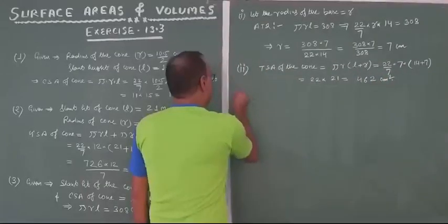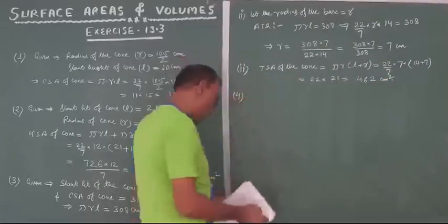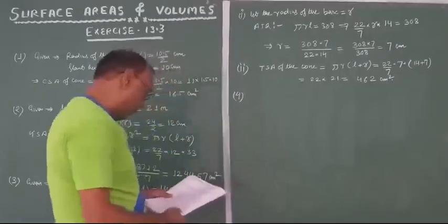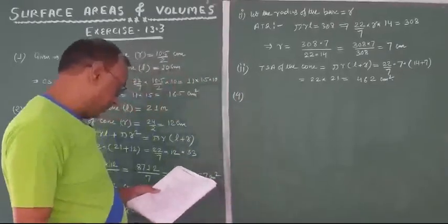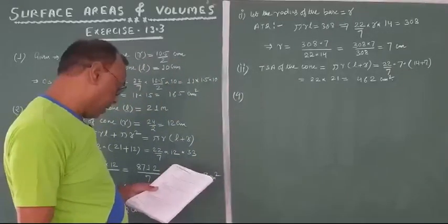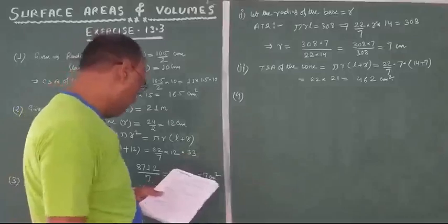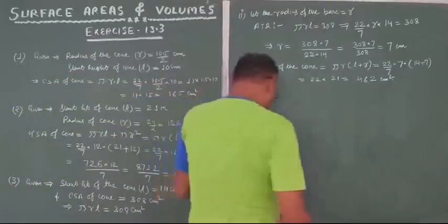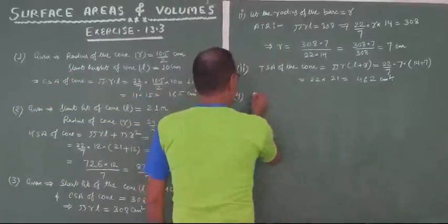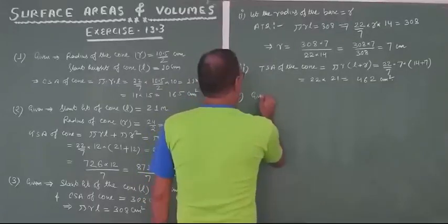Now this is question number 4. A conical tent is 10 meter high and the radius of its base is 24. Find the slant height of the tent. You are given the radius of the base.